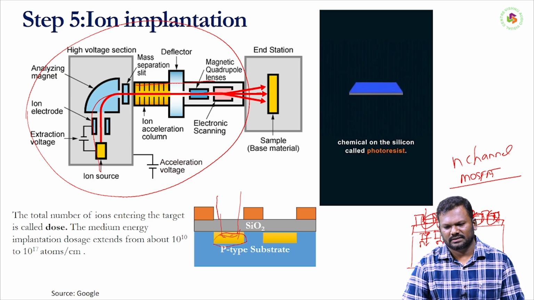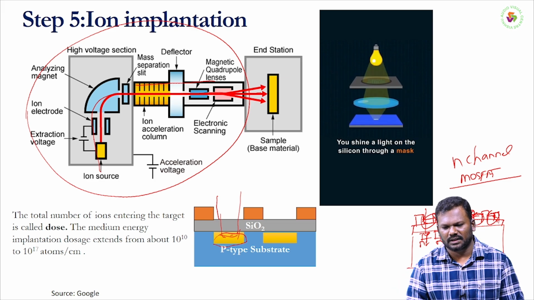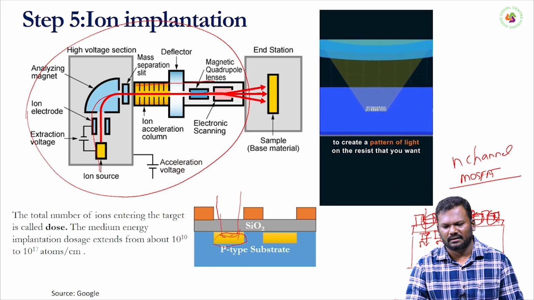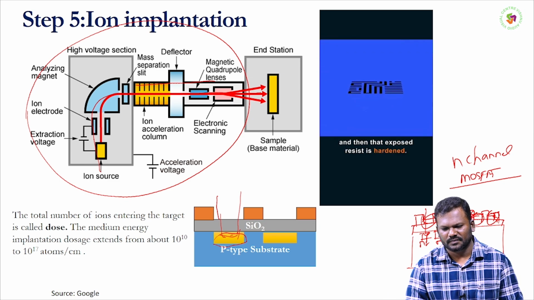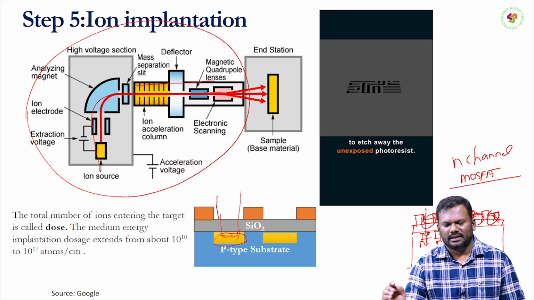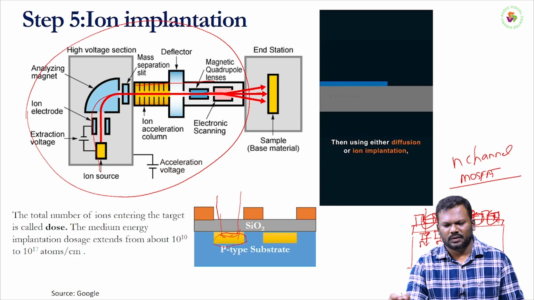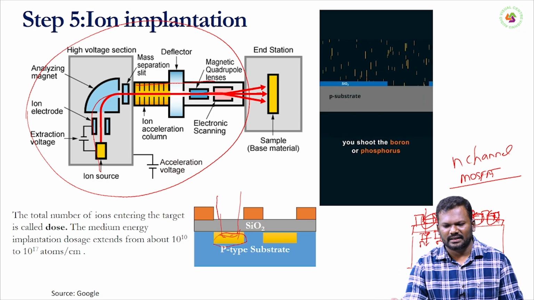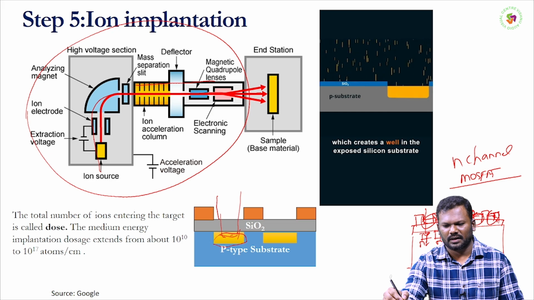So the first is photoresist. Then after that, by using photolithography, which is UV light, you are making the patterns. You see here. Then you are using etchants to remove the portion. There you can see, this portion you are ion implanting.